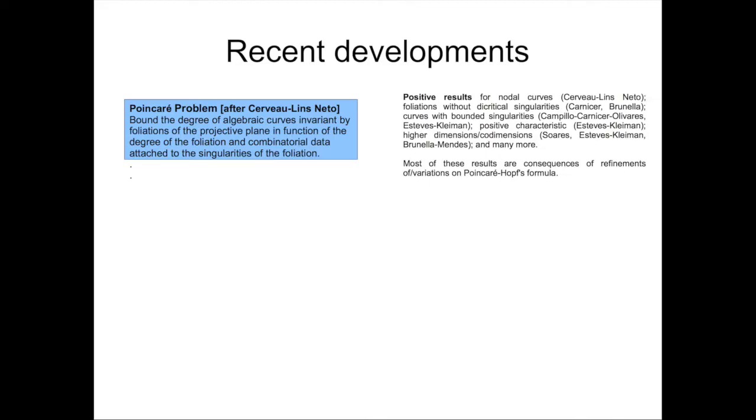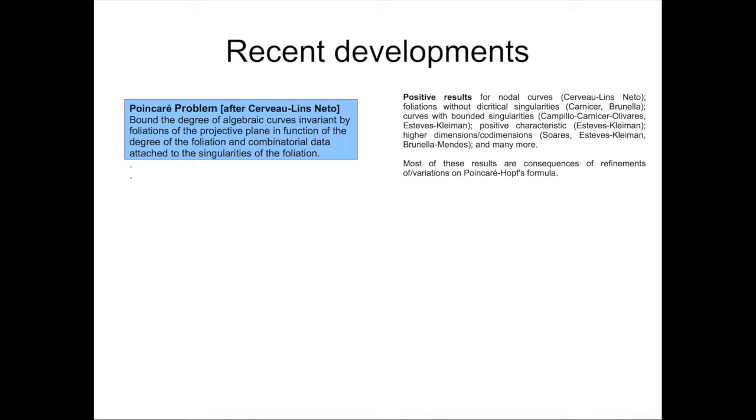And there are positive results. A lot of activity was done on this. If you assume that the curve is smooth or has at most nodal singularities, then you do have a bound. If you assume that your foliation has no dicritical singularities, which are like the base points of a pencil, you also have positive results. You have positive results more generally for curves with bounded singularities, meaning that the singularity is not too bad.